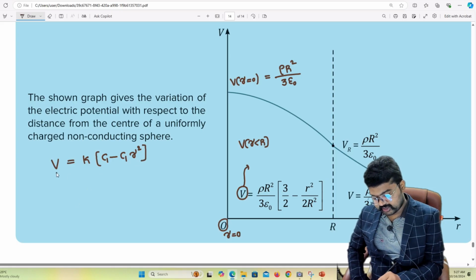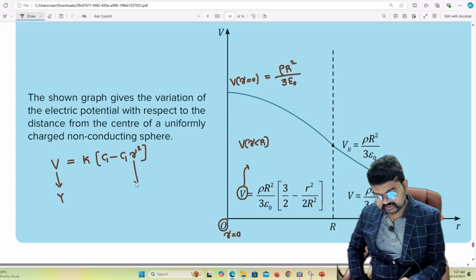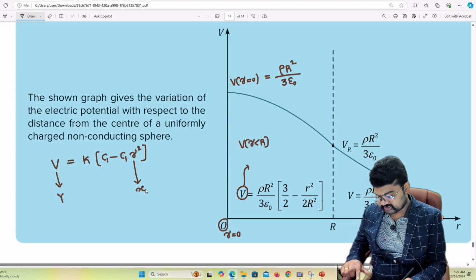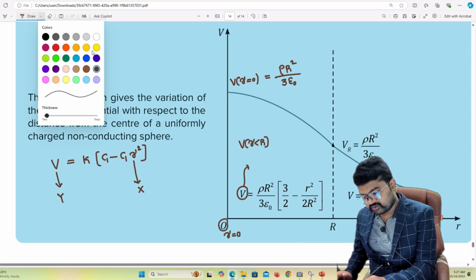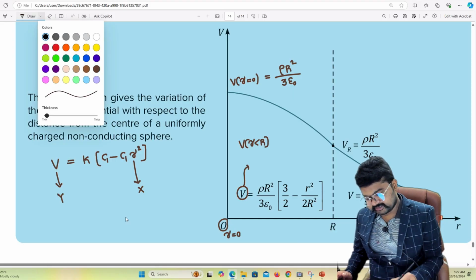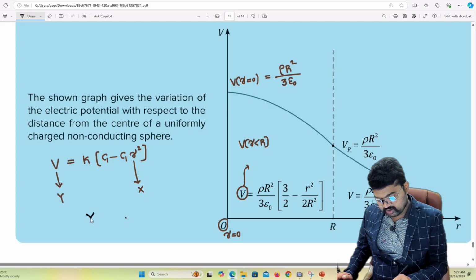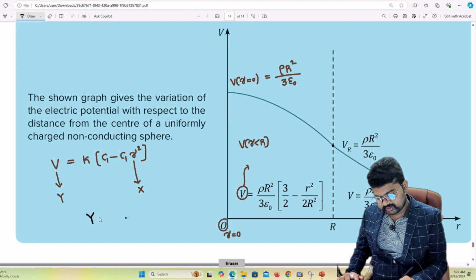It looks like it is taken on the y axis, and r on the x axis. It looks like, very simple, y equal to x square. If you take the entire part like this, it will look like a parabola, right?